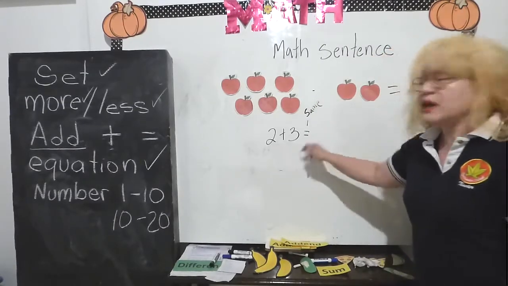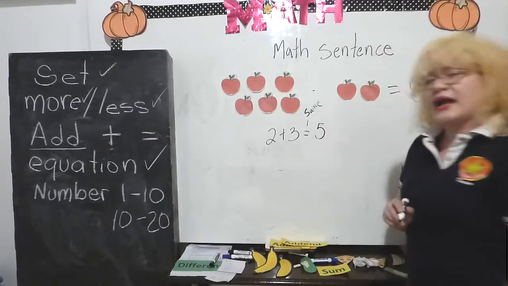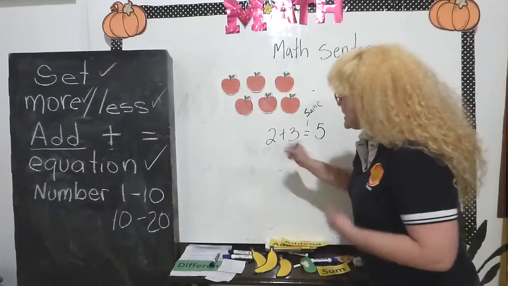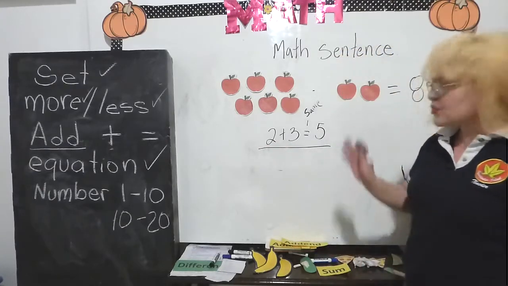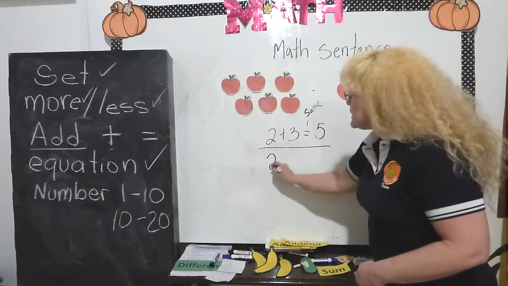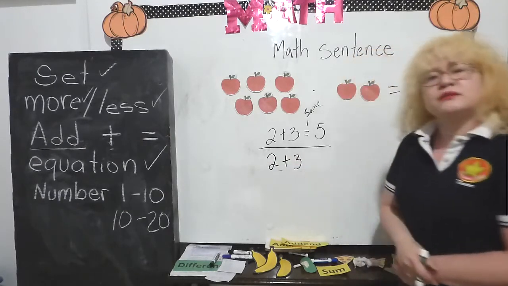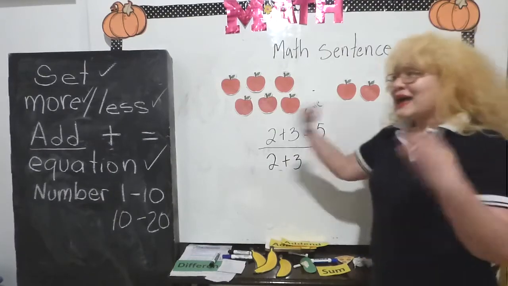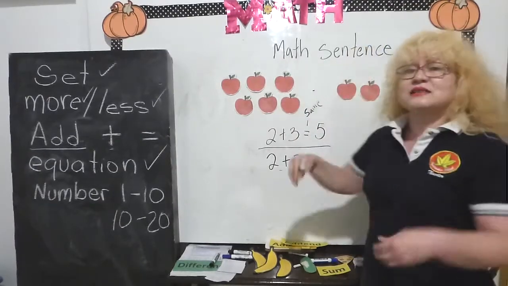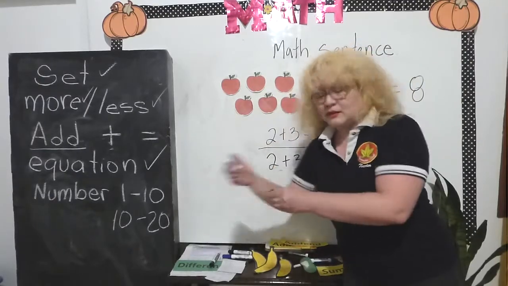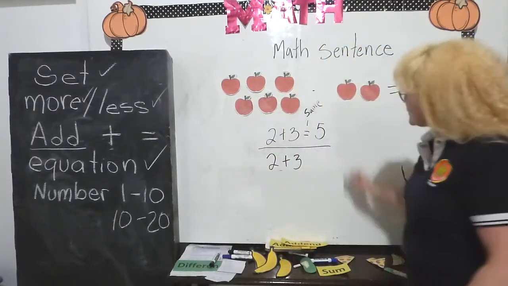So 2 plus 3 equals 5. Okay. That is an equation. Okay? This is not an equation. That's just numbers. Like any other sentence, you have to have a beginning and you have to have an end. Okay? There.